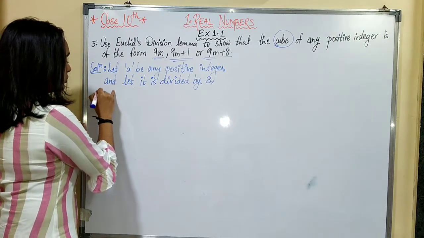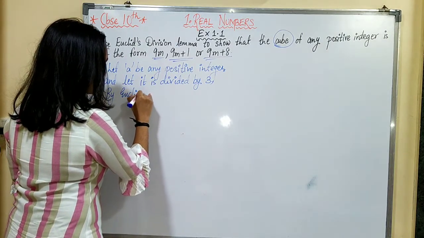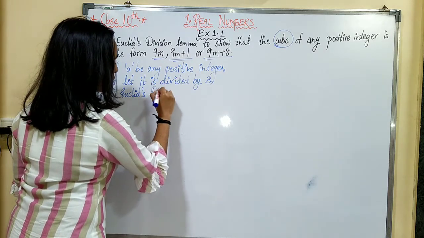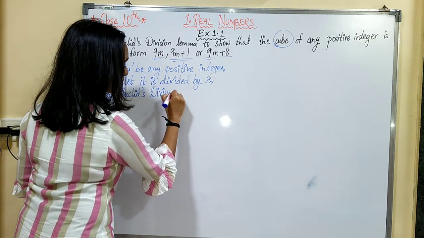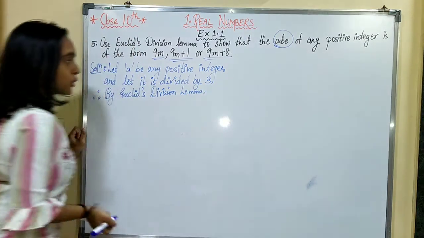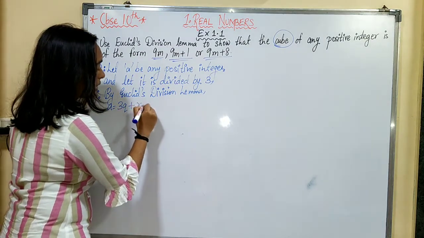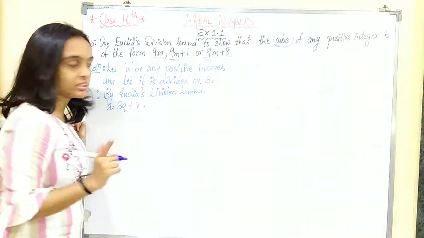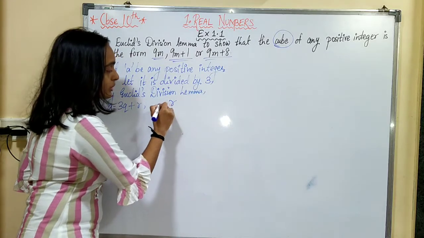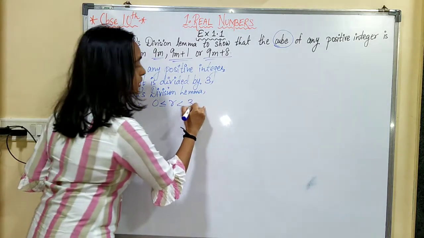And therefore by Euclid's division lemma, what we get? a equals to 3q plus r, where r should be between 0 and 3.